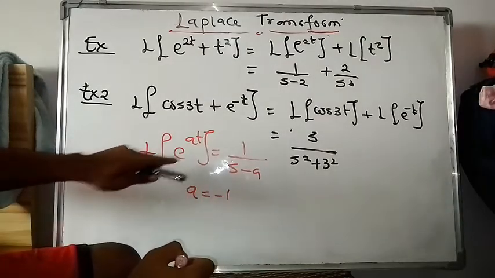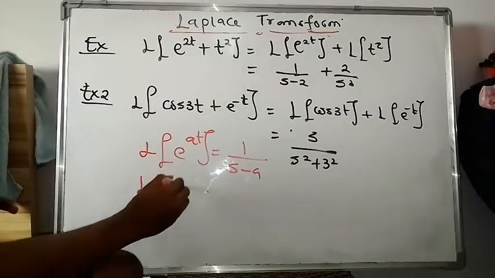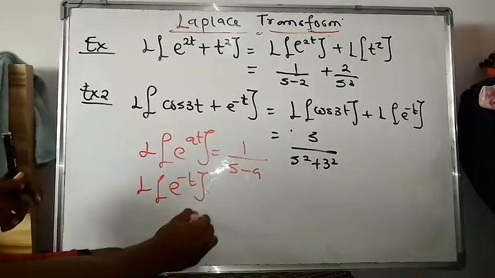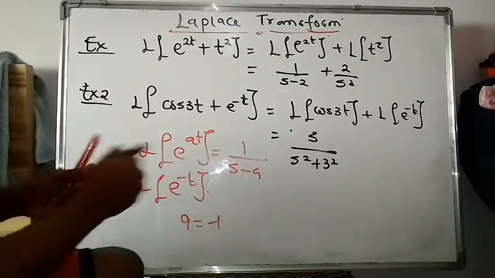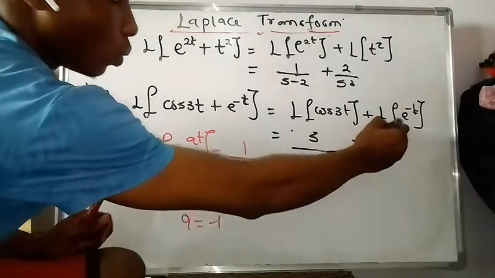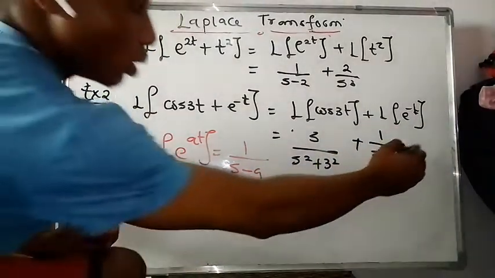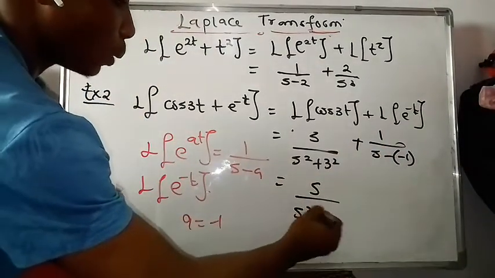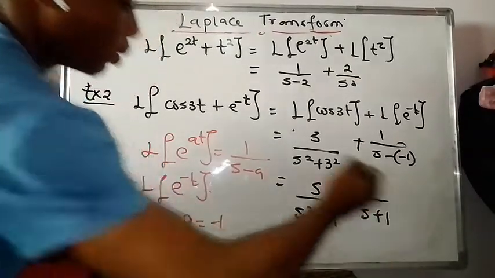So the Laplace of exponential minus t will be 1 divided by s minus minus 1. This gives me s divided by s squared plus 9, plus 1 divided by s plus 1.